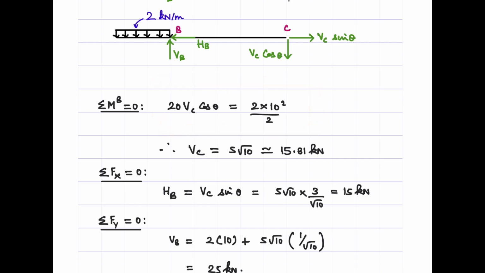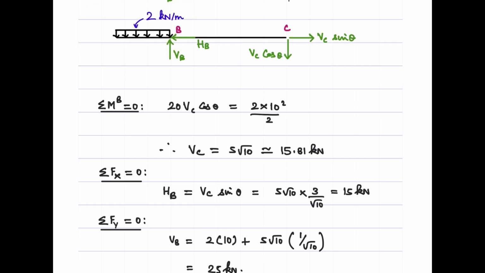This expression says that the anticlockwise or counterclockwise moment is equal to the clockwise moment. The clockwise moment will be due to this VC cos theta into this span. So here this span is 20 meters, into VC cos theta, is equal to the counterclockwise moment due to the UDL.